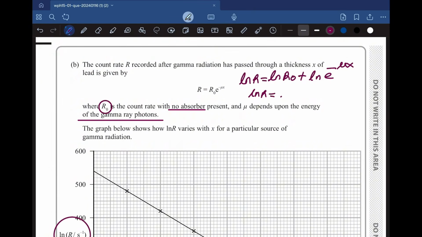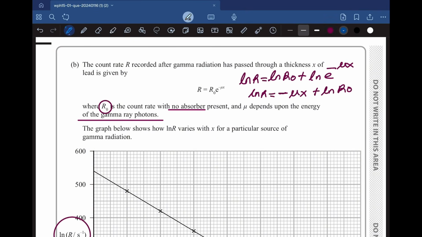So we can write ln r equals minus mu x plus ln r naught.